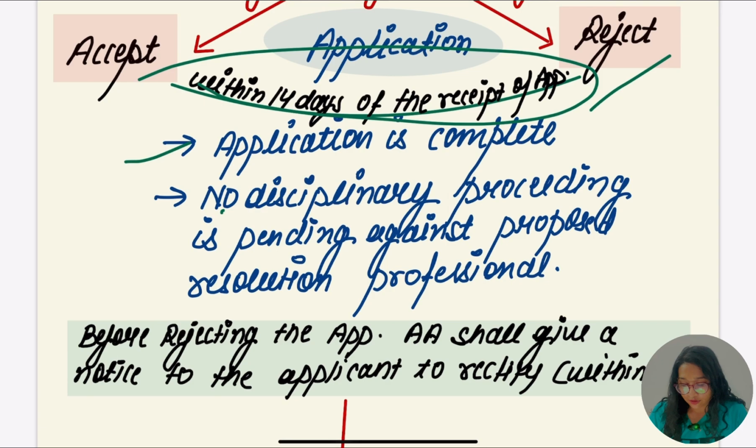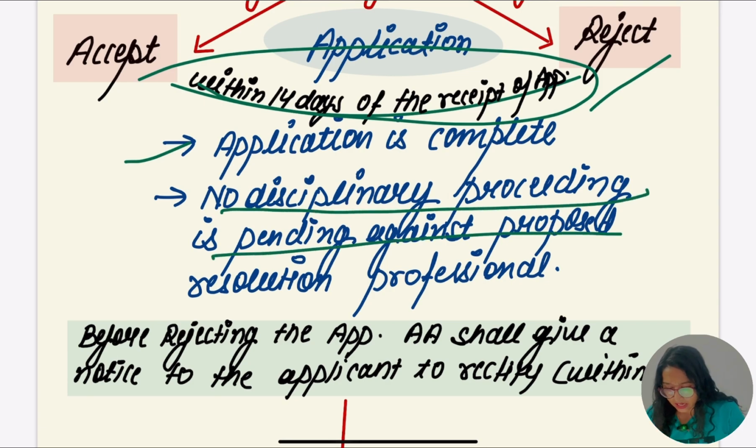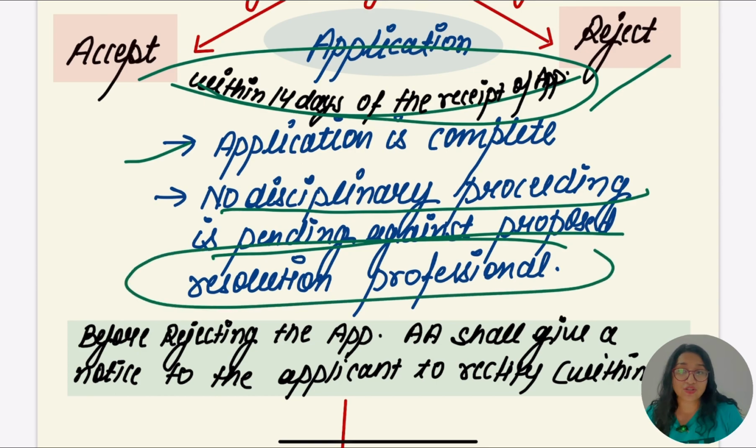Second, if no disciplinary proceeding is pending against the proposed resolution professional, in that case the adjudicating authority is going to accept that application. Otherwise, definitely it's going to reject it. Hope this point was also clear.